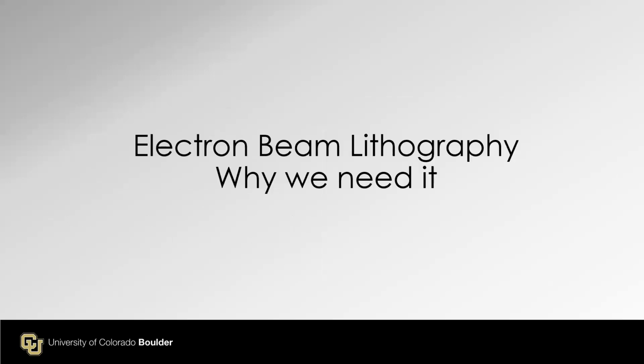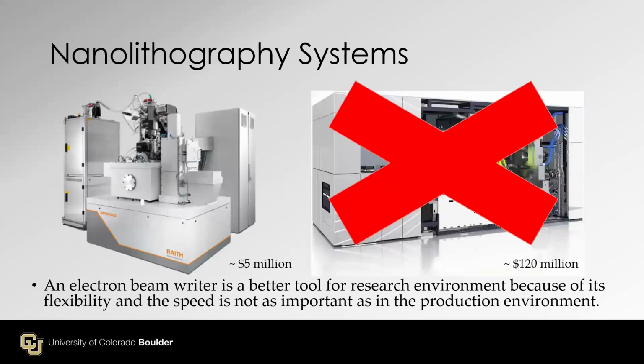So why do we need it? Because we cannot use EUV technology in academic clean rooms, I think. It's too expensive. And after looking at the 120 million ASML EUV system, an electron beam direct writer at up to 5 million price looks reasonable. It's still expensive, but much better than 120 million.